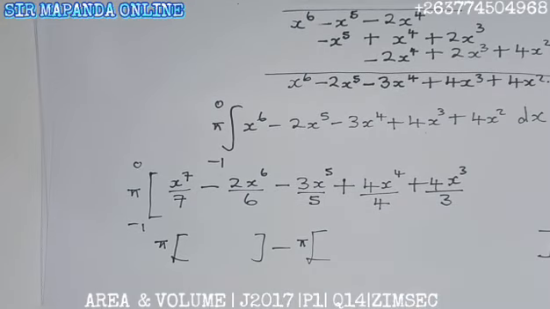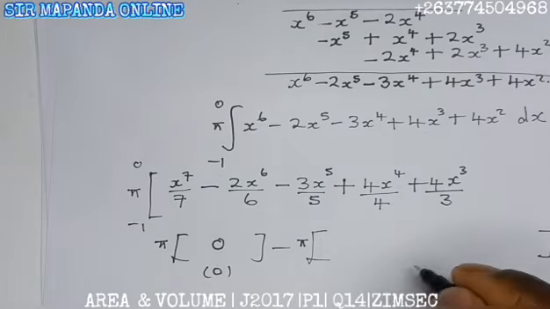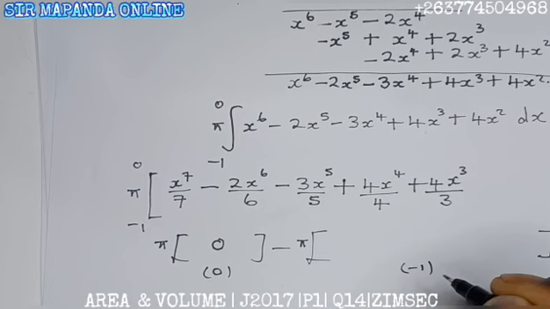So if we substitute 0 in the first bracket, you get 0. Since each and every term is containing x, putting 0, all terms become 0. Then on the right side, I'm going to substitute minus 1 on x.